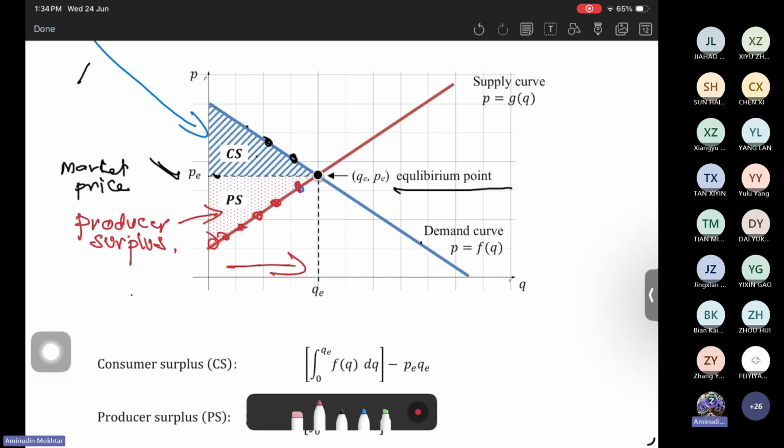There's a producer surplus. So the red dotted area is the producer surplus.